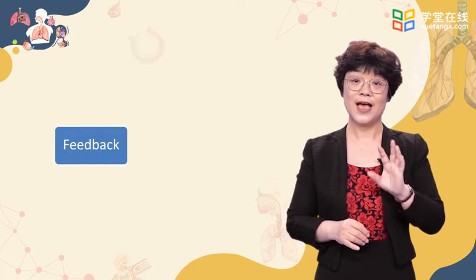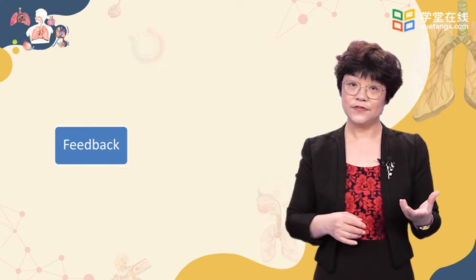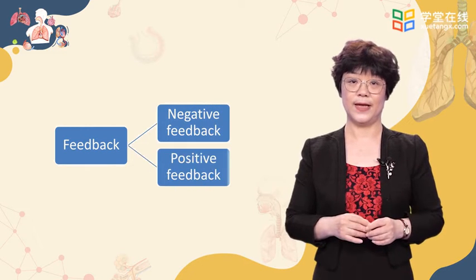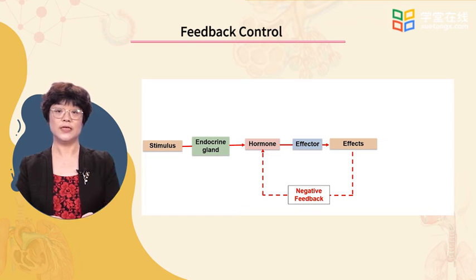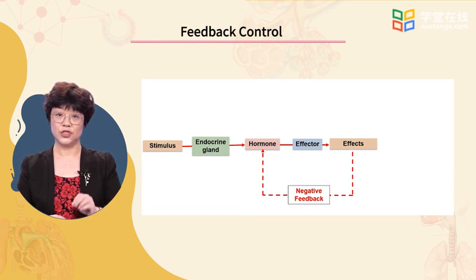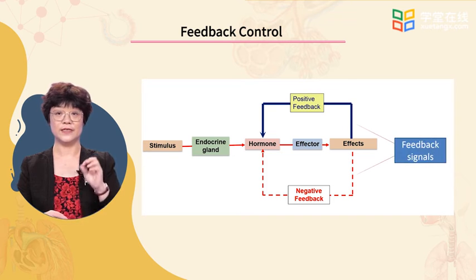This is called feedback regulation. There are 2 types of feedback: negative feedback and positive feedback. Negative feedback reduces the original effects of the stimulus, while positive feedback produces enhanced effects.